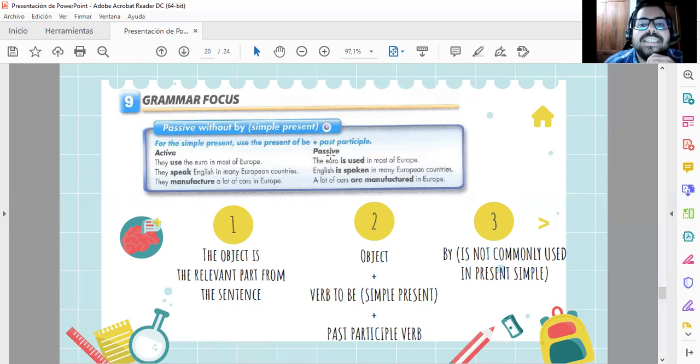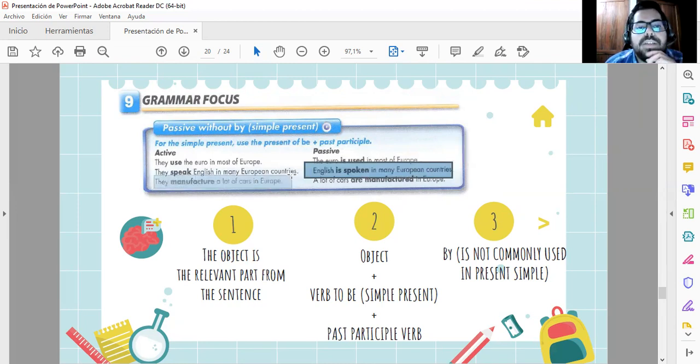As you can see, guys, it's the same mechanic, switching the order, but we use the present simple. Teacher, what is that? Okay, ellos hablan inglés y acá es como se habla inglés o inglés es hablado. Suena extraño, pero okay, that's what it says in there.